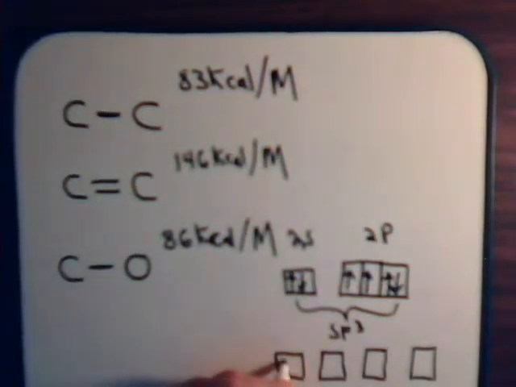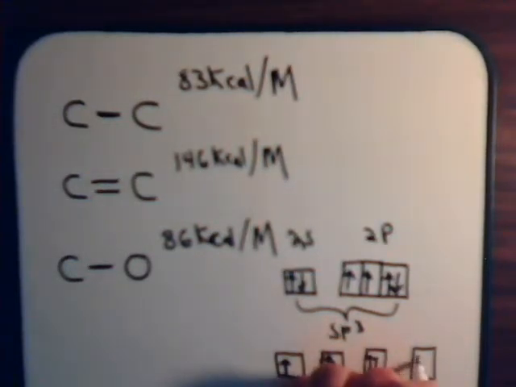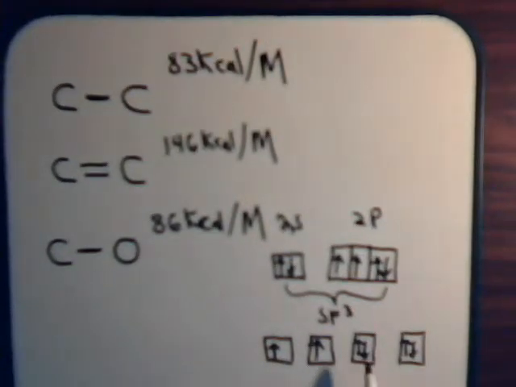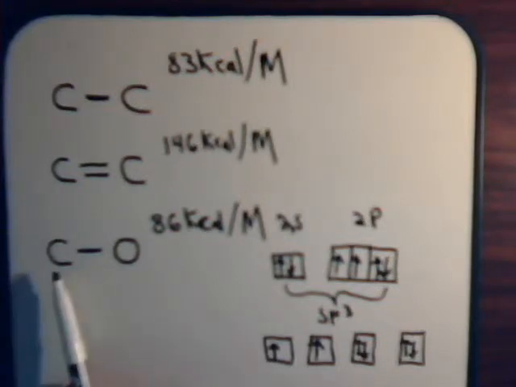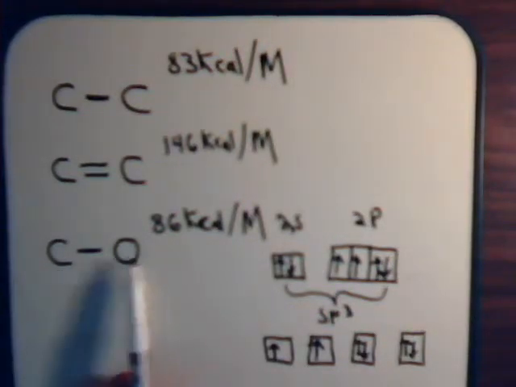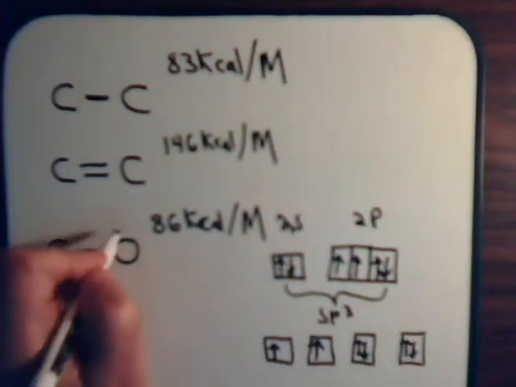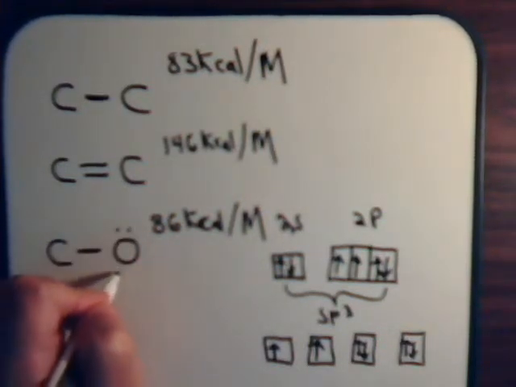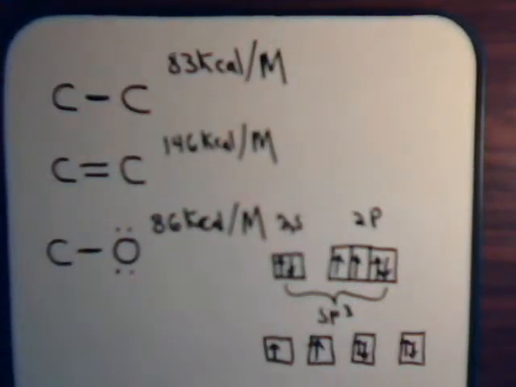So here we have a single electron, and then we have these orbitals that have 2 electrons of opposite spin. We call these lone pair electrons. So for oxygen with a single bond to a carbon atom, we have these sp3 lone pair electrons.